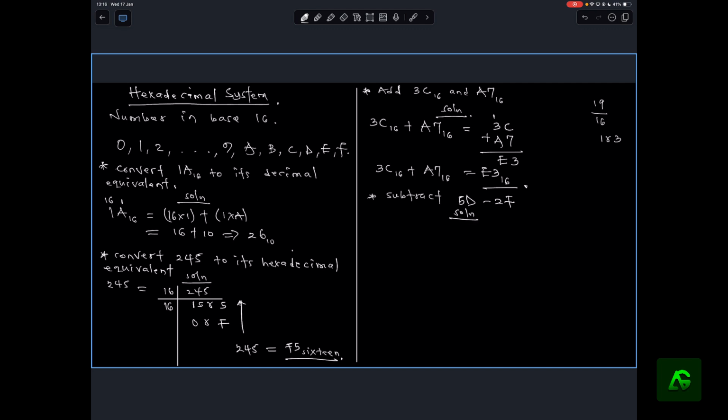We all know that we are working in base 16, so the base is not important to write here.